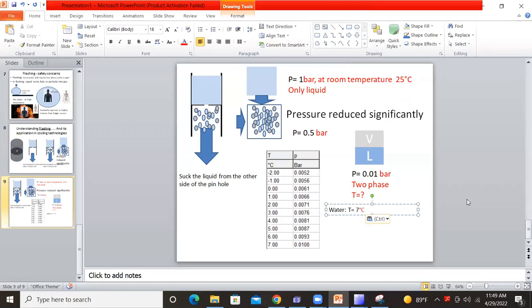Water. Okay, this is water. So 0.01 bar, 7 degrees Celsius. So these are natural phenomena.